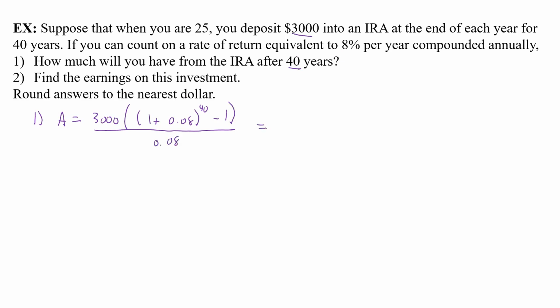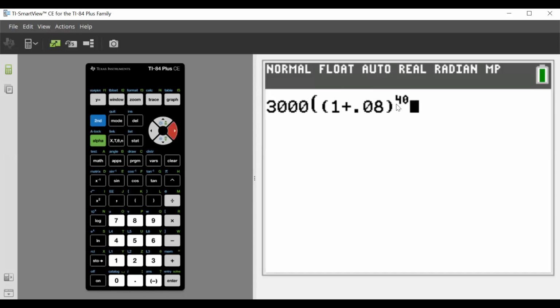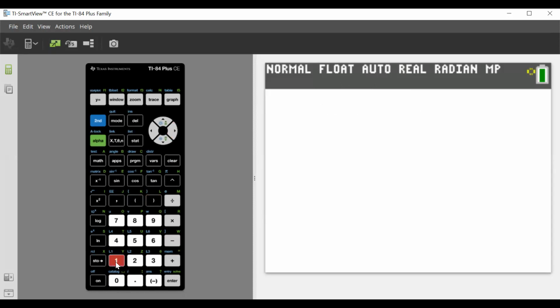So now what we have to do is plug that into our calculator. And so to test that out, let's clear that out. So we're going to take 3,000 times, now we'll have a 1 plus 0.08 raised to the 40. And then remember to arrow down if your calculator doesn't do that automatically. Then minus 1, and then we'll have in parentheses.